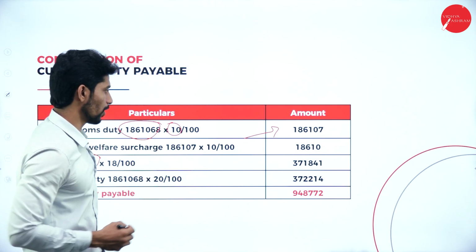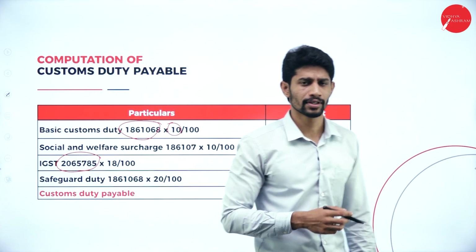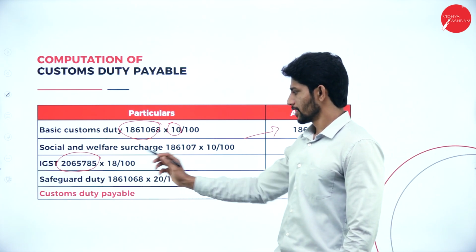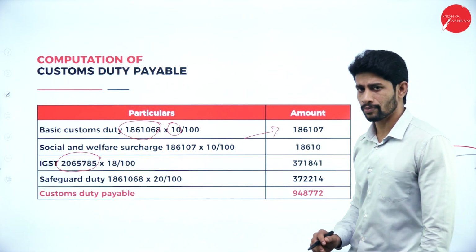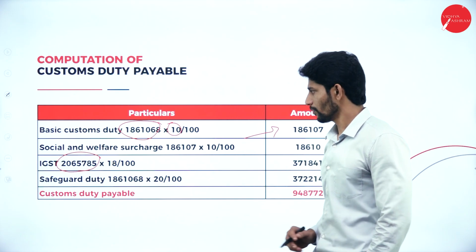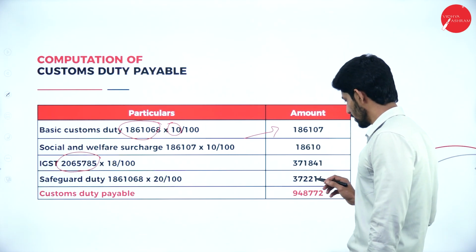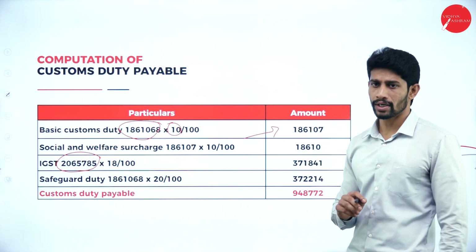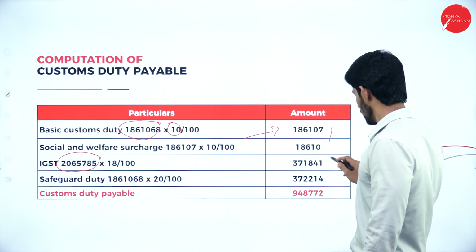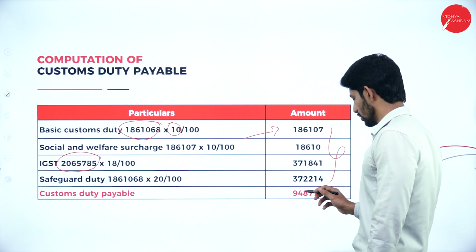You will get the value of 3,71,849. Next, safeguard duty on assessable value you are supposed to consider. So assessable value, 18,61,068 rupees into 20%, you will get 3,72,214.